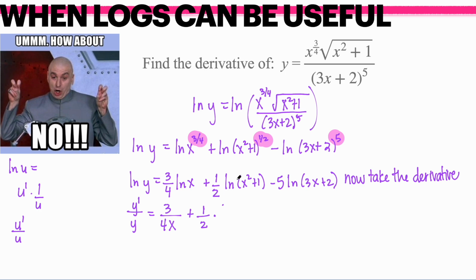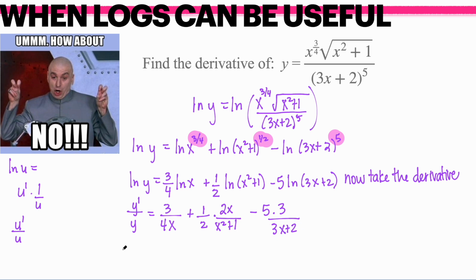Okay, so the derivative of x squared plus 1 is 2x all over u, which is x squared plus 1. Same thing. It's going to be 5 times u prime, which is 3, all over the original 3x plus 2.